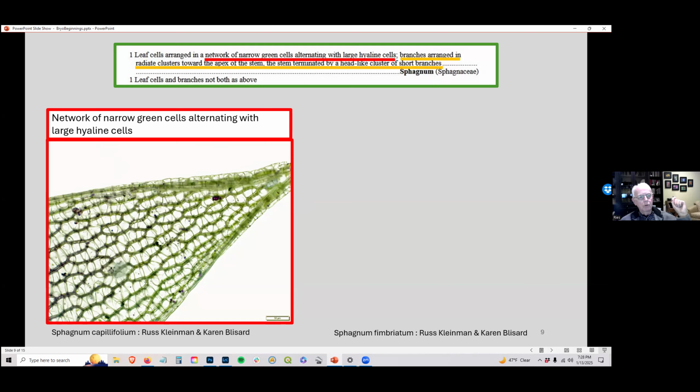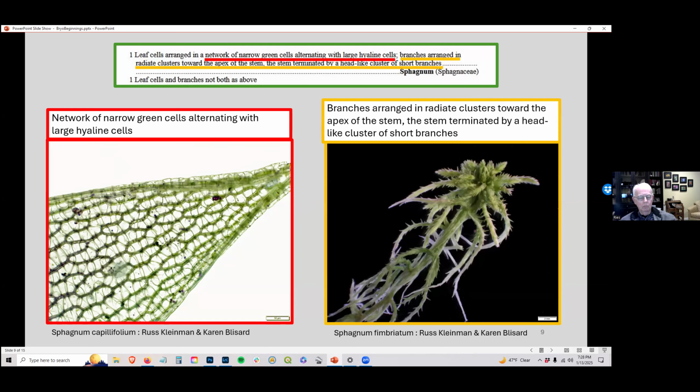And the plant's branches are arranged in radiate clusters toward the apex of the stem, and the stem's terminated by a head-like cluster of short branches. That's what that looks like. So you can kind of see a radiate cluster here. There's several branches coming off right there. And then there's this head-like cluster, it looks like a palm tree to me, right there at the top.